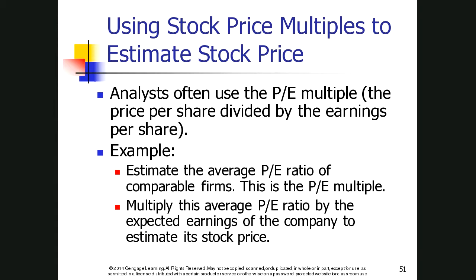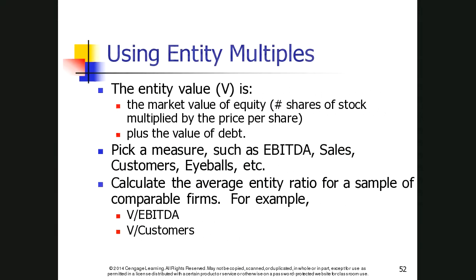The most often used is the PE ratio, the price per share divided by the earnings per share. So for example, you estimate the average PE ratio of comparable firms, and then multiply the average PE ratio by the expected earnings of the company to evaluate its stock price.